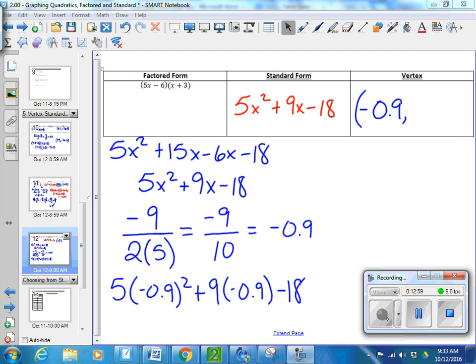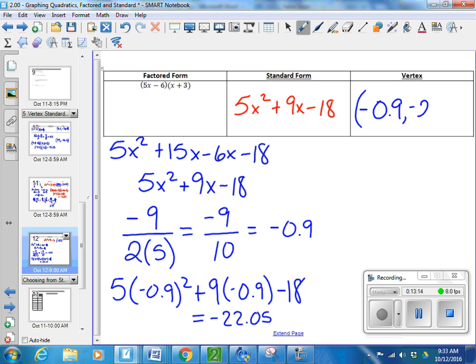Alright, and we calculate that, put it in the calculator for a little help. We will get negative 22.05. Alright, so again, we're going to check, make sure we did it right, because we'll check with the factored form method.